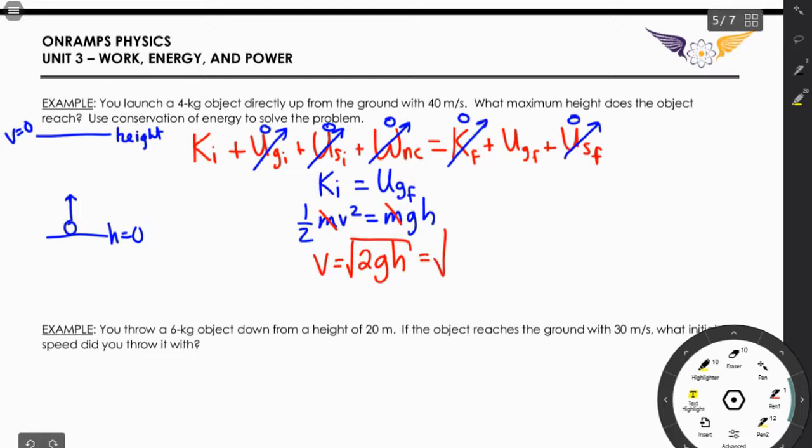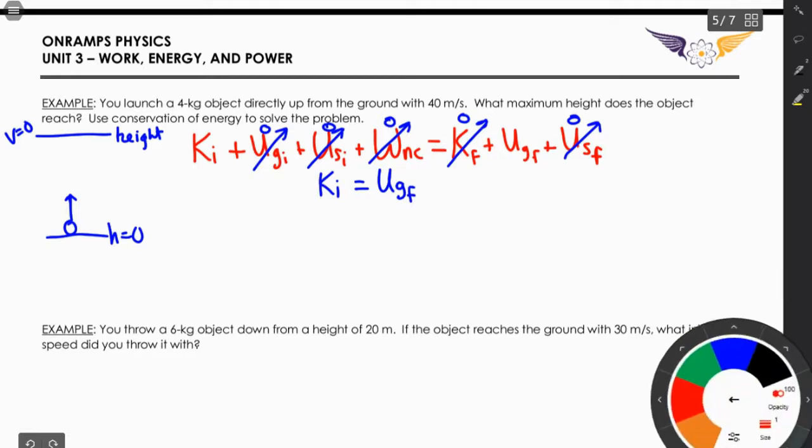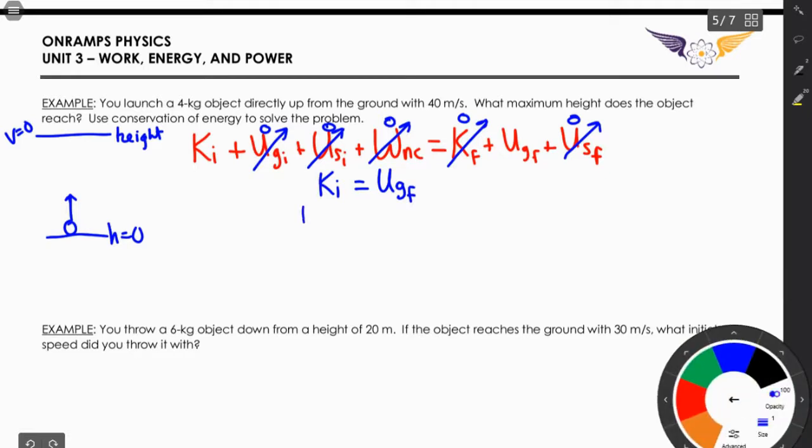So now we just plug in our values. 2 times 10 times, oh, I'm sorry, we're looking for h. Because a lot of times in the equation, you're looking for the final velocity. I apologize. So we're looking for h. We had 1/2 mv squared equals mgh.